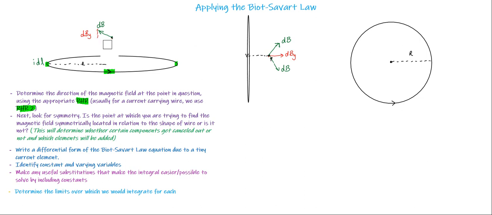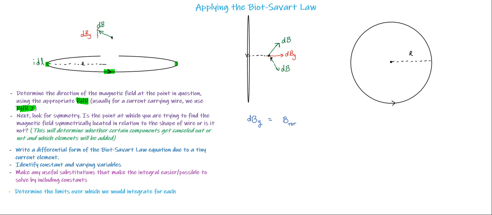So if I erase out all of those components, I see I just have the dBy components left in this case. Now what I'm going to say is that if I were to add up all the dBy components, then I would get the total magnetic field at the position in question.